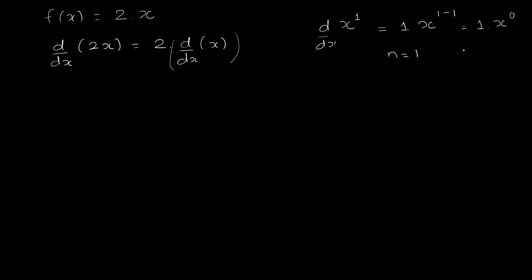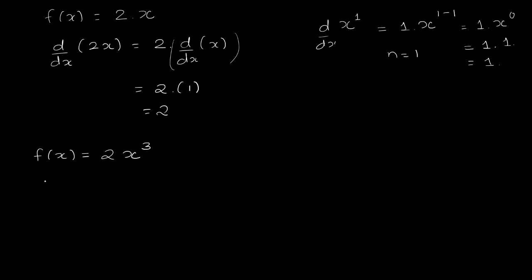And you know that any term raised to 0 is 1. Therefore 1 into 1 gives me 1. So the derivative of x with respect to x is 1. So what we get is 2 into 1, that is 2. So this becomes the derivative of 2x.